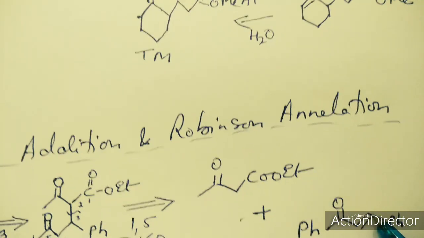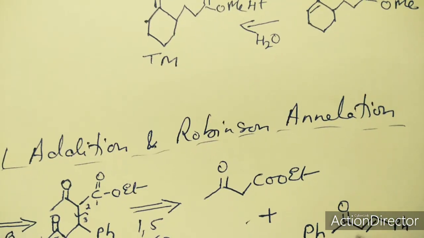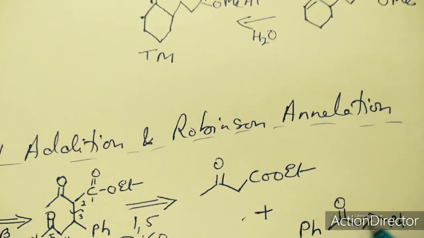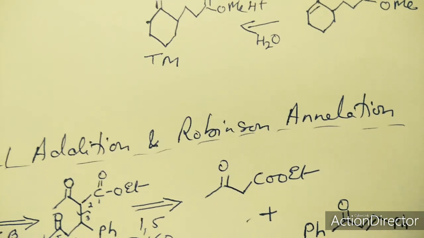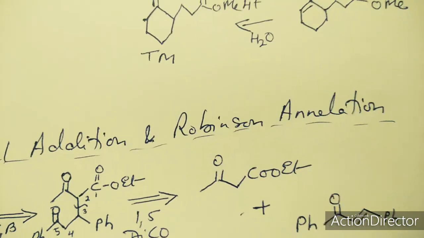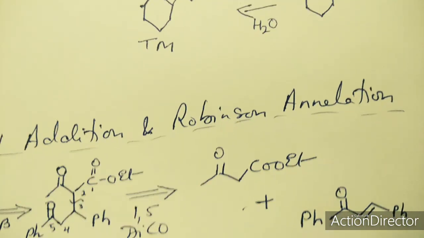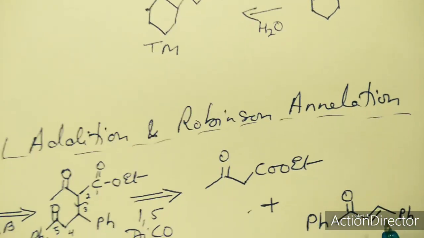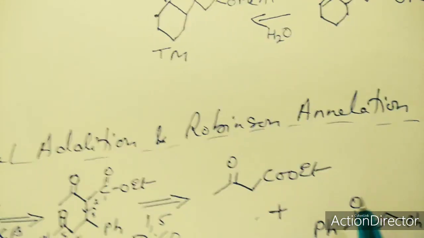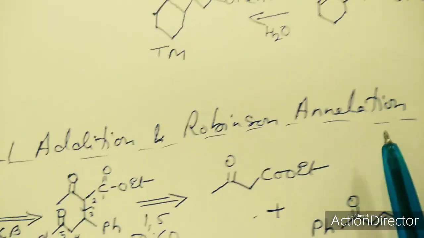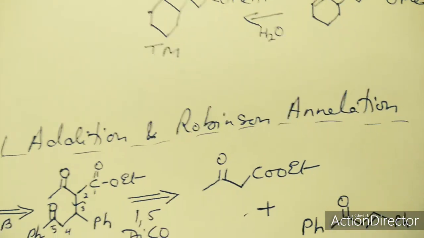The C positive will take a hydrogen ion, and we will get an alpha beta unsaturated carbonyl compound. So we now have the suitable synthetic equivalents for the preparation of our Michael addition. One is the Michael donor and the other the Michael acceptor.